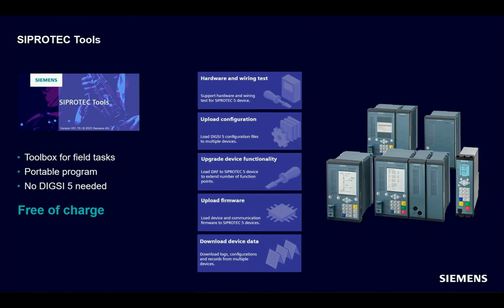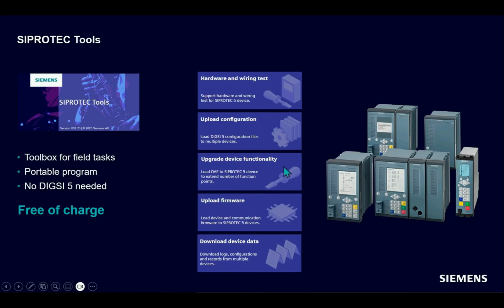First, hardware and wiring test. This is during the mounting in the cubicle, to verify if the connections from the cubicle terminals are correctly done to the terminals of the relay. We can upload a configuration or also the firmware into a device without DIGSI 5.